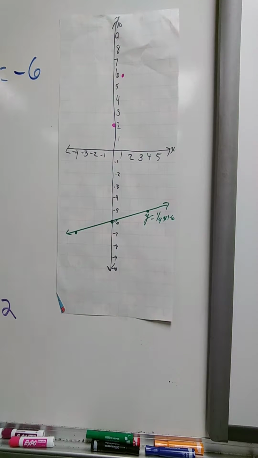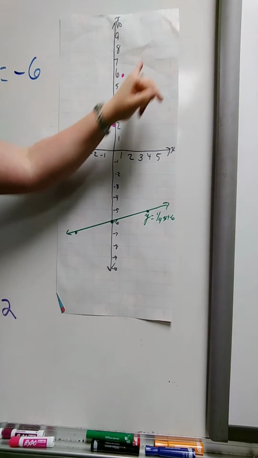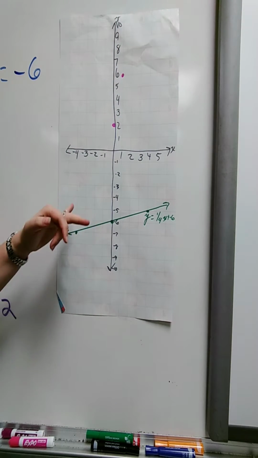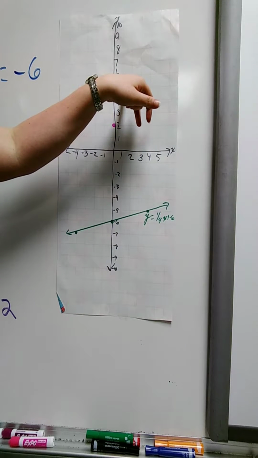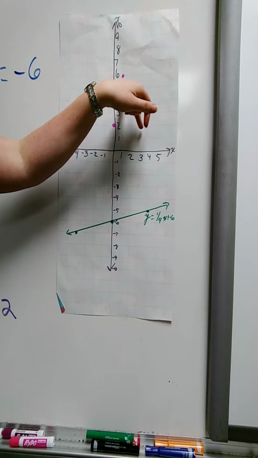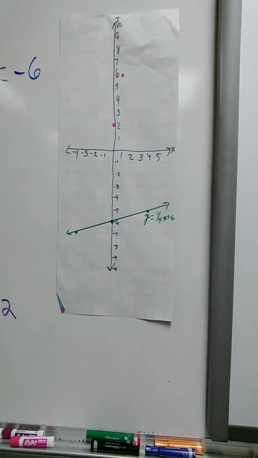When I create my 3 points, I like to go up 1, and then I like to do 1 in the negative direction as well. Do what makes sense for the graph that you have. If you don't have space for one, do another one. That's okay.